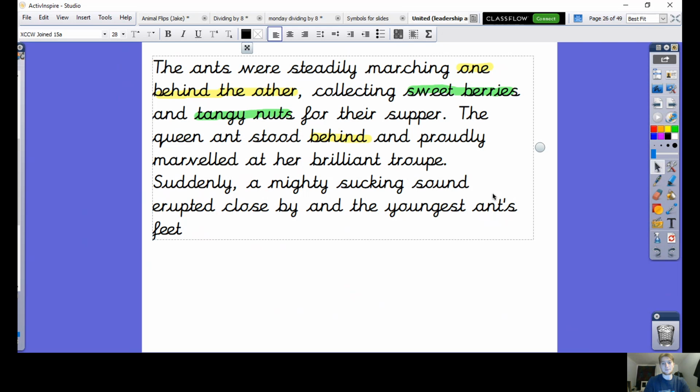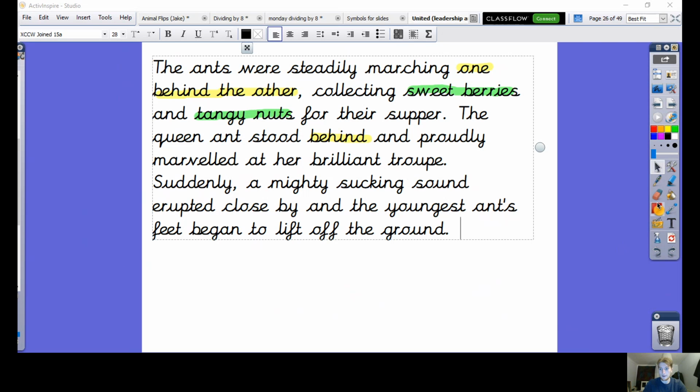The ant's feet is the ant's possession, so I have to use an apostrophe. Close by, the youngest ant's feet began to lift off the ground. They began to lift off the ground because of the powerful sucking from the anteater. Okay, so that's just another way of describing this ant's in trouble.